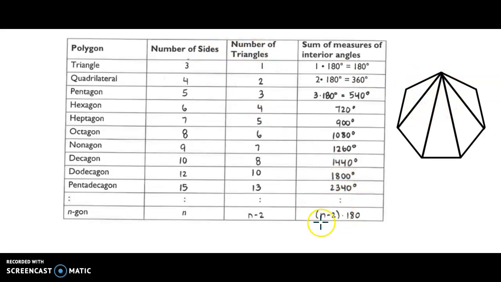The n minus 2 represents the number of triangles within a polygon. The 180 represents how many degrees there are per triangle. So that's what this whole activity is.